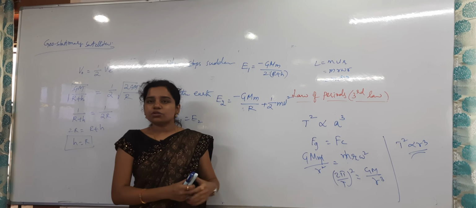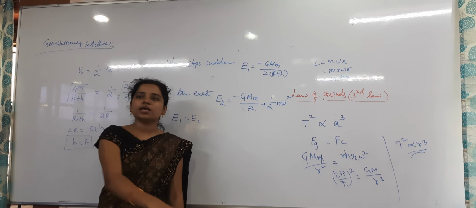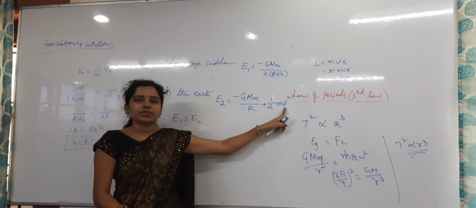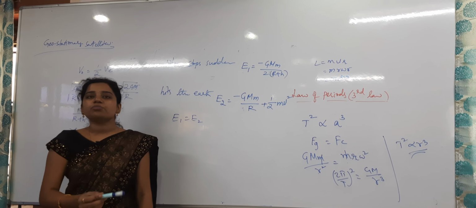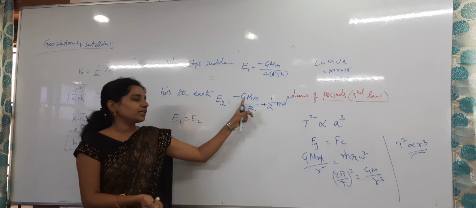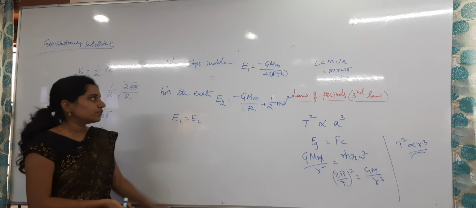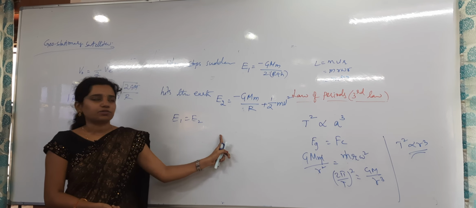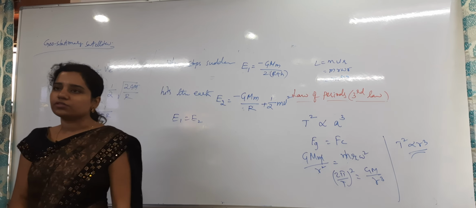By that energy it comes and hits the ground. While hitting, there is half m v square, and on the earth's surface there is gravitational potential energy, minus GMm by R. Now E1 is equal to E2. From that you can get the velocity value, canceling everything.